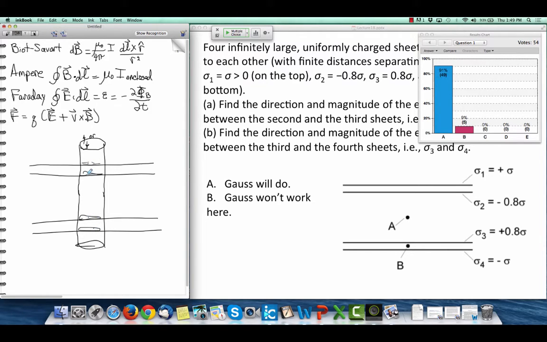A positive part here cancels that negative part. The total charge enclosed has to be 0. And since the field, if the field is upward there, then it would have to be downward there. Since the... trying to figure out the best way to argue this.